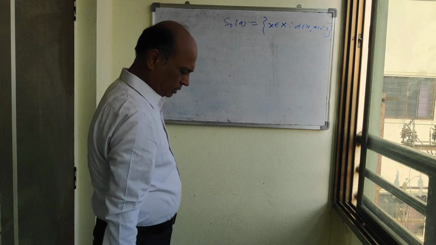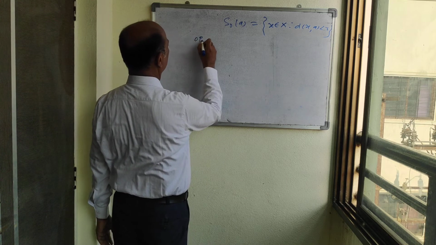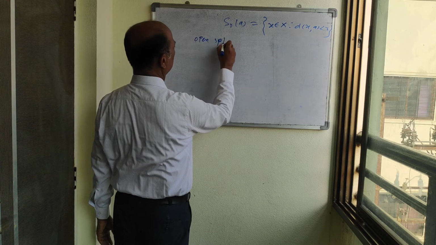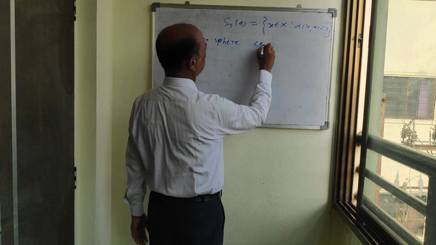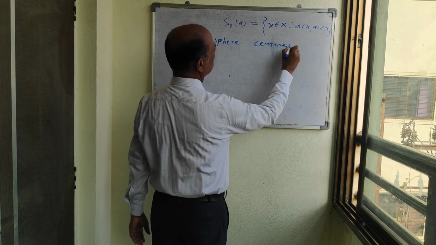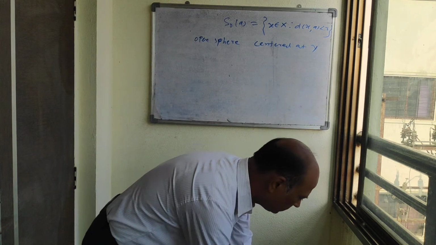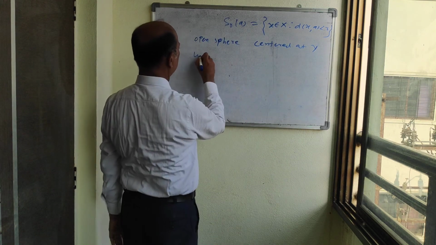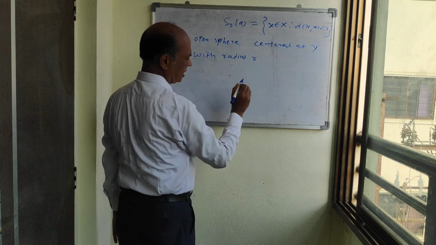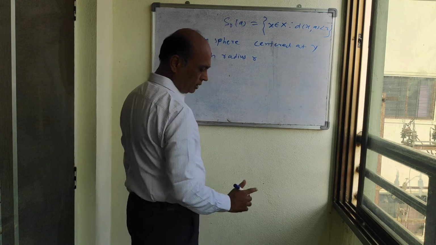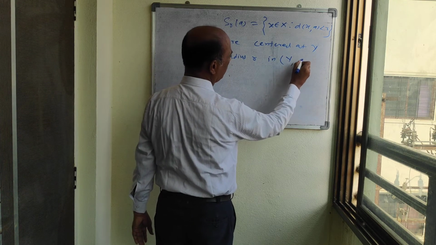So let us denote the open sphere centered at y with radius r by S_R in metric space (Y, D_Y).